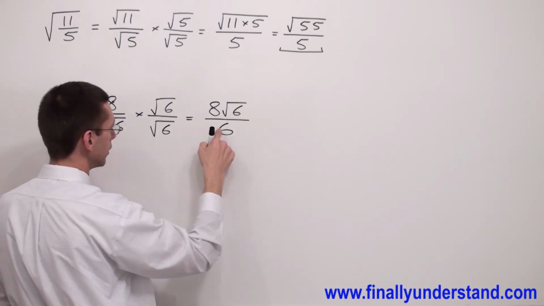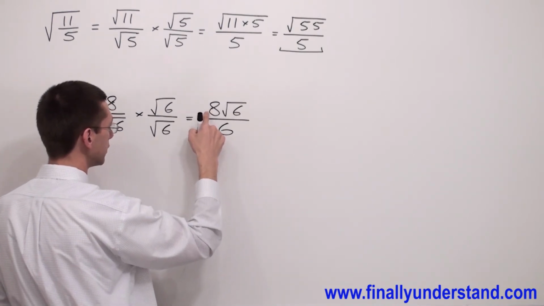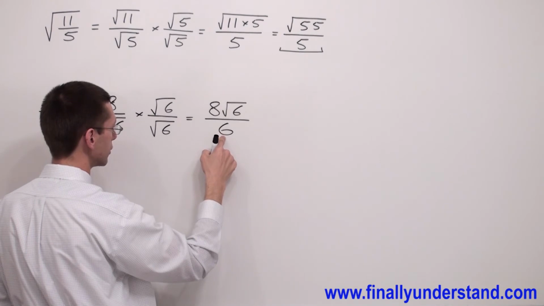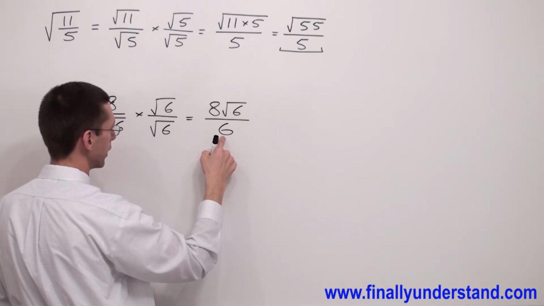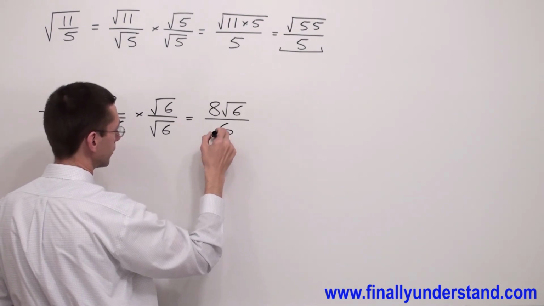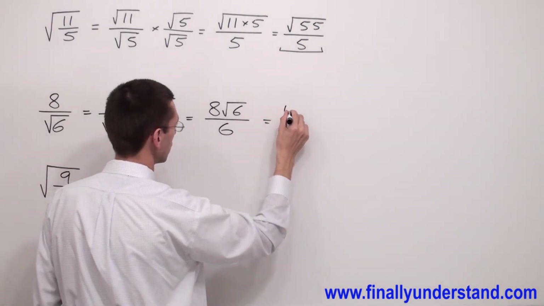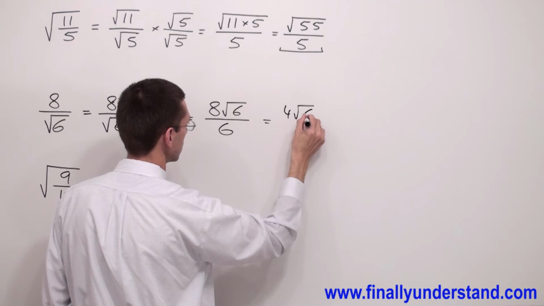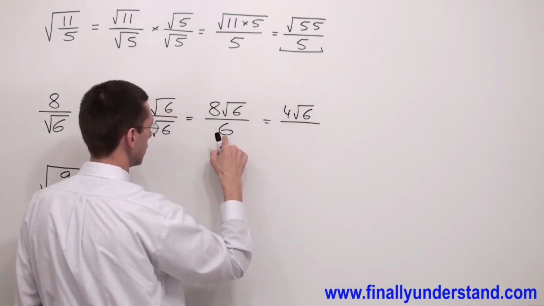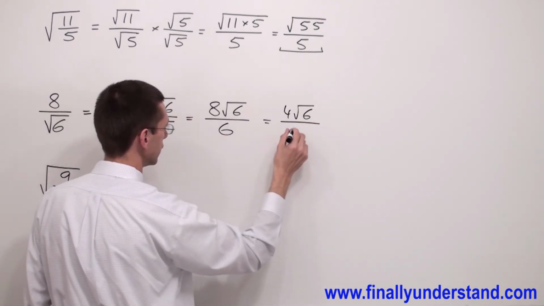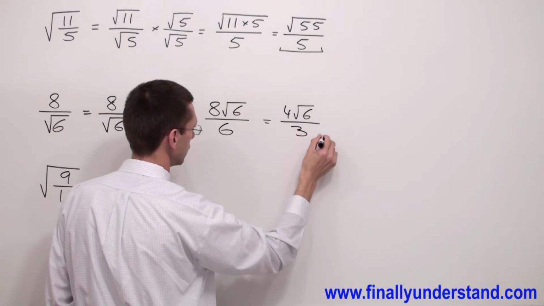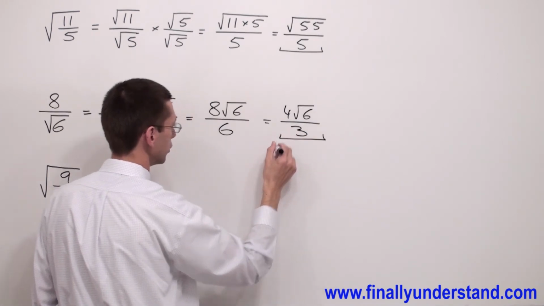Next, you're supposed to realize that 8 and 6, both of them are divisible by 2. Okay? So 8 divided by 2 is 4, square root of 6, and I have 6 divided by 2 is 3. Okay? This is the solution to my problem.